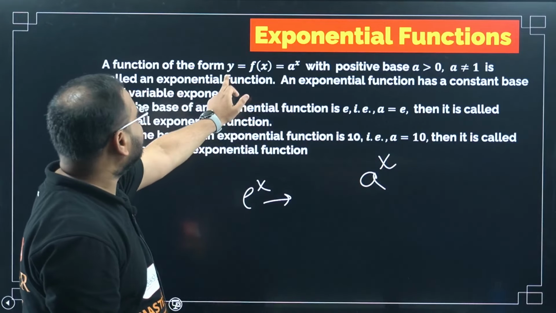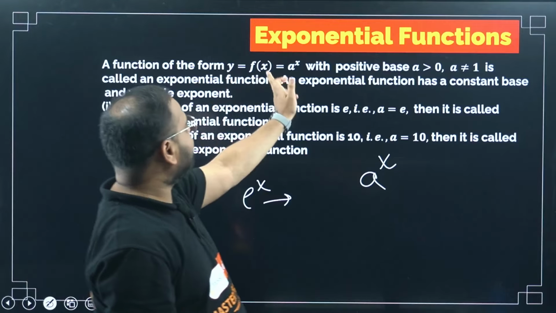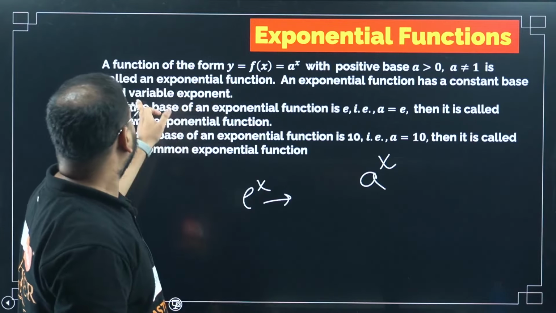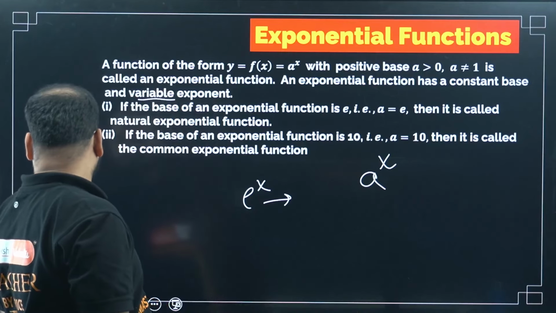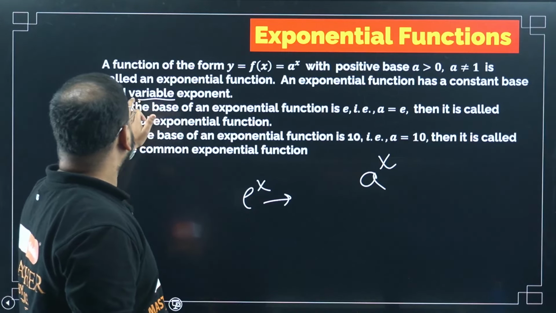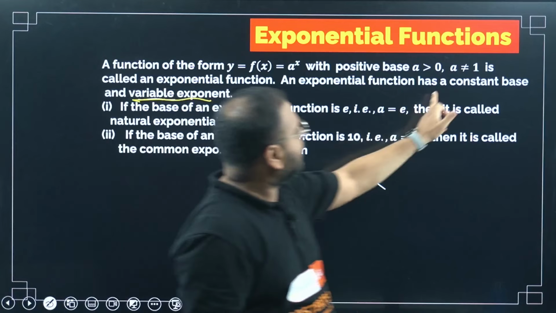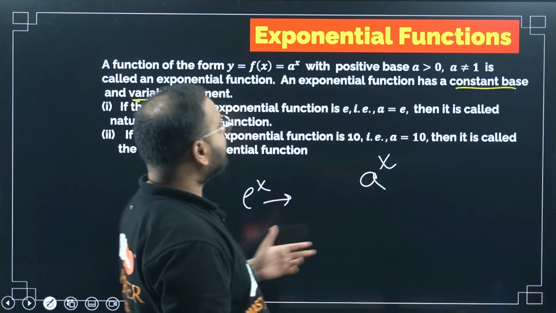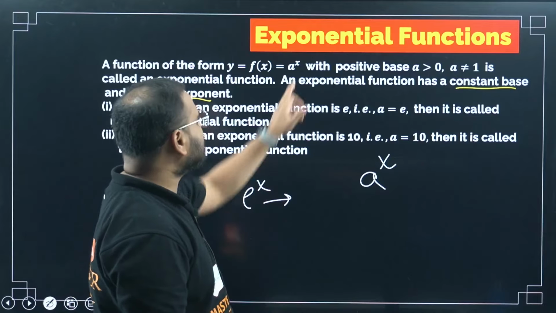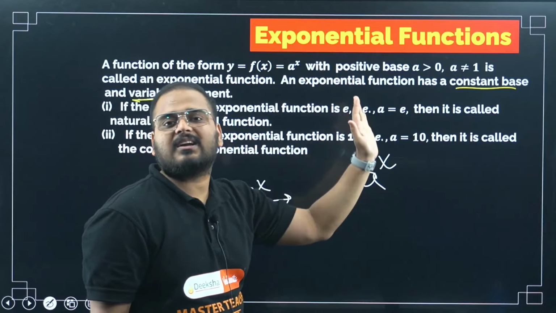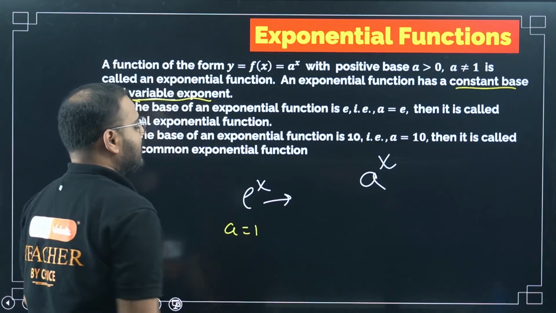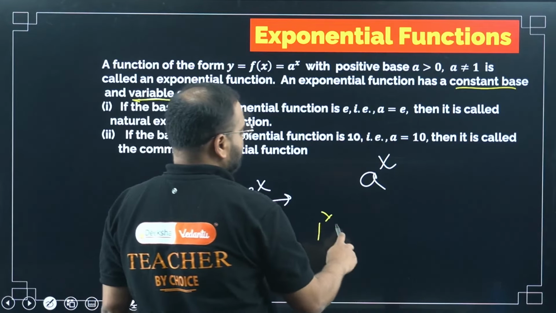The function is of the form y equals f(x) equals a to the power x, where x is in the exponent, a variable exponent and a constant base, provided a is not equal to 1. Why not 1? Because if a is equal to 1, a to power anything will be 1 only.